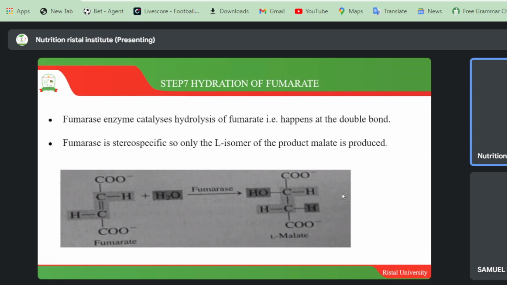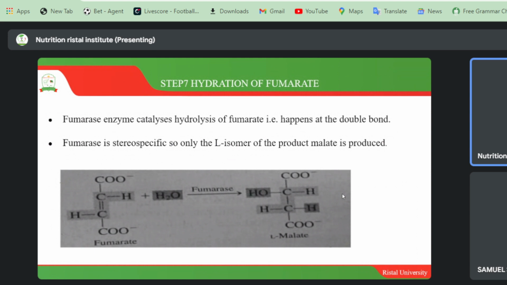Then the seventh step here is the hydration of fumarate. Hydration is addition of water. This reaction is catalyzed by the fumarase enzyme that helps in the hydration of fumarate. That happens at the double bond, as you can see in our fumarate.